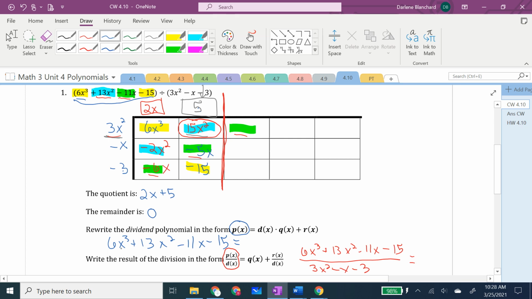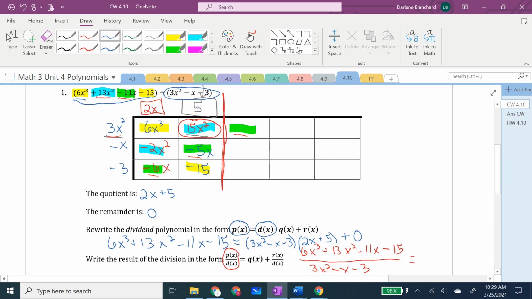If you're rewriting the original polynomial, then you're going to take the divisor, 3x squared minus x minus 3, and multiply that divisor by the quotient, and then add the remainder.